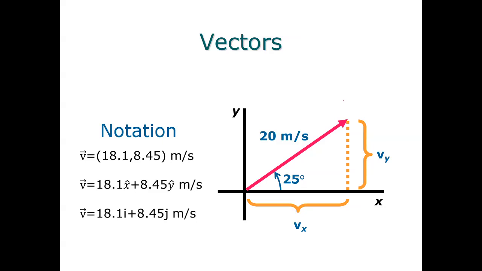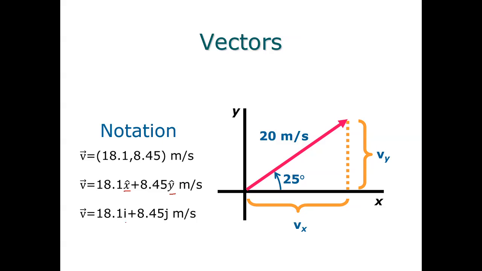This is often written where you multiply the number by a unit vector. A unit vector is a vector that has a value of 1 and points along one axis. The x vector is multiplied by 18.1 and the y vector is multiplied by 8.45. This notation can drive people crazy because mathematicians usually use x hat and y hat for the x and y unit vectors, but we use x and y for a whole bunch of things in physics.